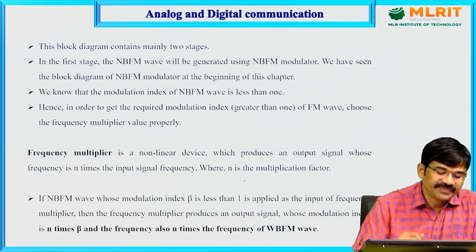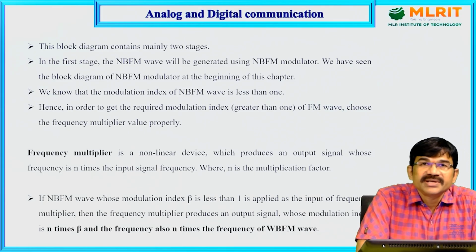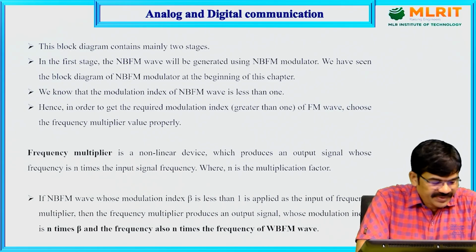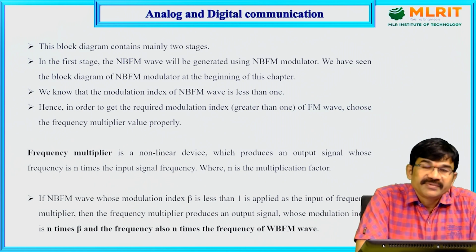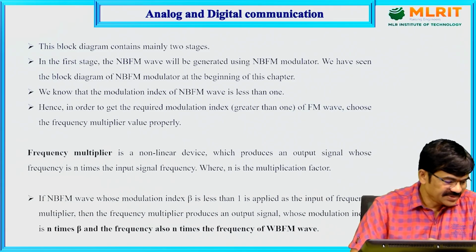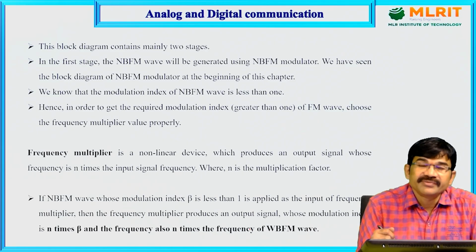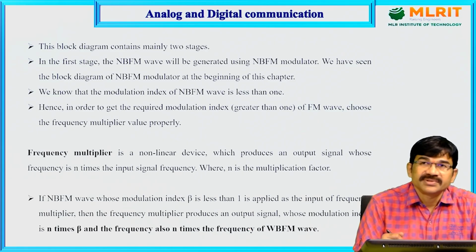If a narrowband FM wave whose modulation index beta is less than 1 is applied as the input to the frequency multiplier, it produces an output signal whose modulation index is greater than 1. That is n times beta, and the frequency is also n times the frequency of the input wave.